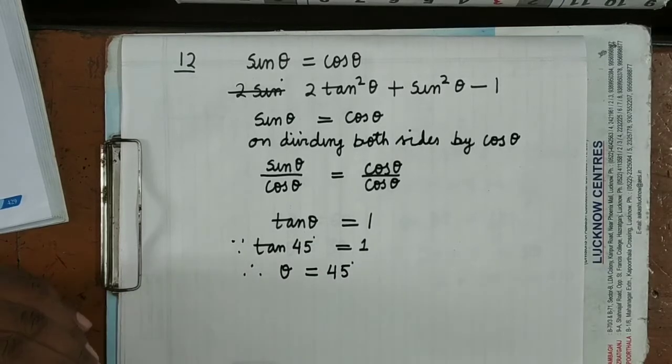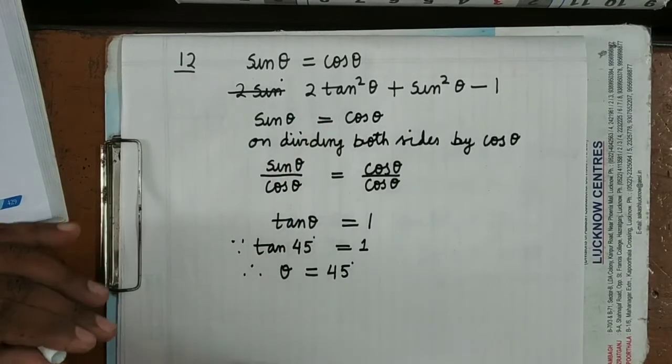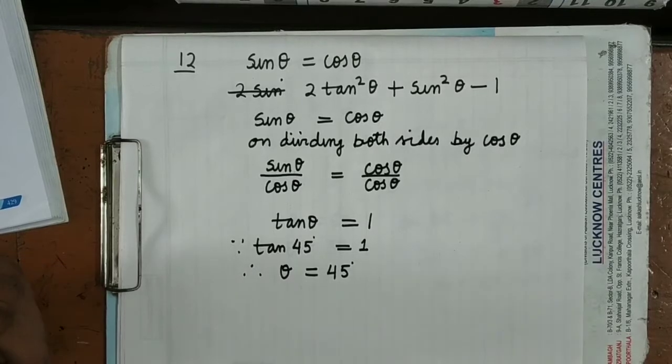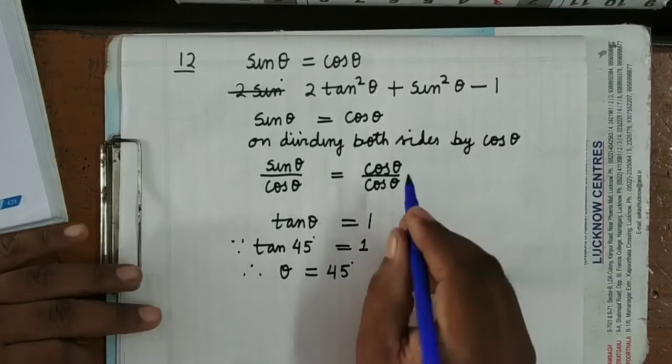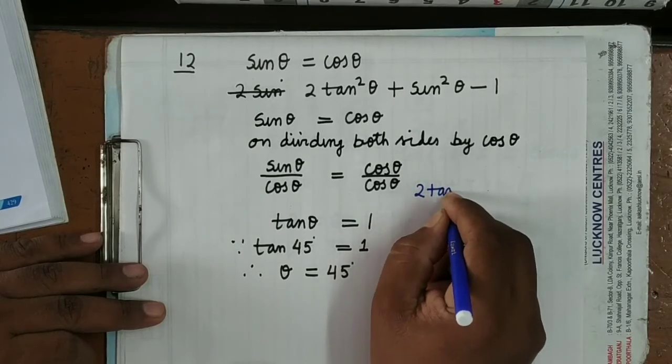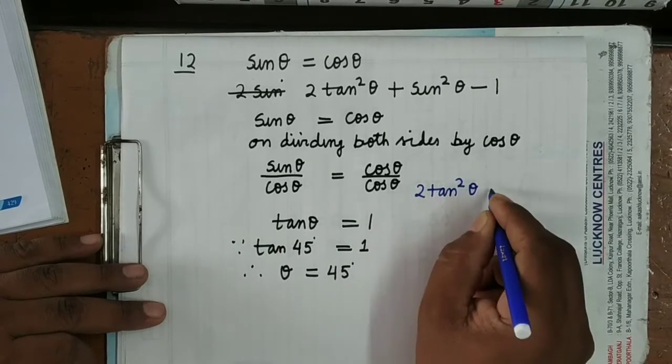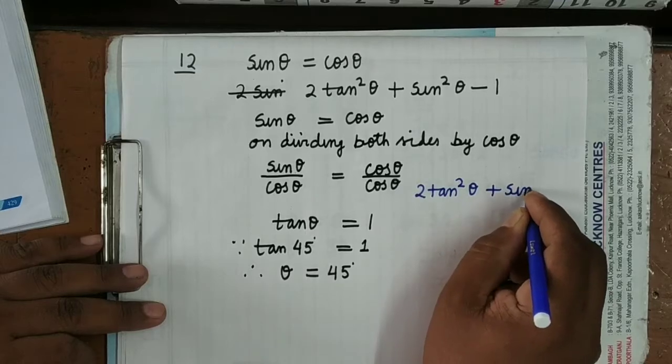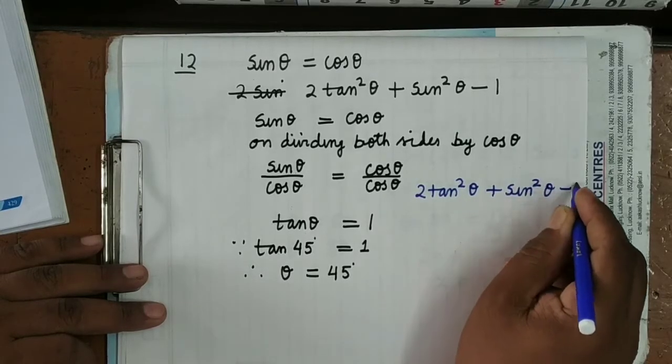It's clear? Then you have to find this value. So you can see here, 2 tan square theta plus sine square theta minus 1.